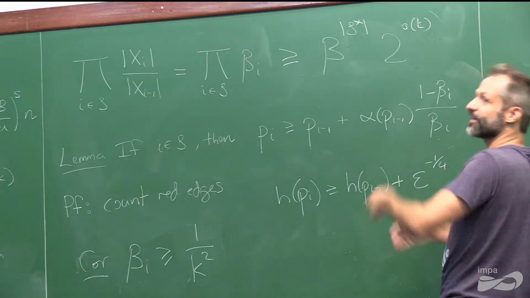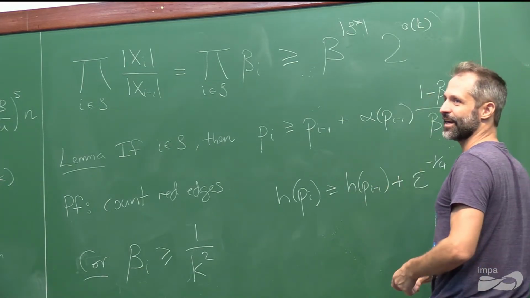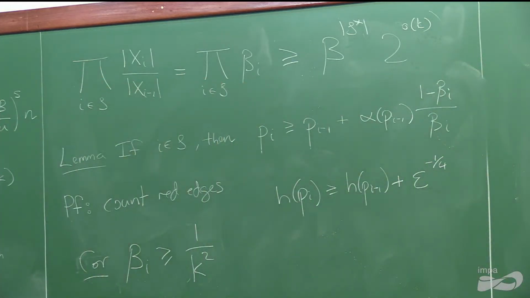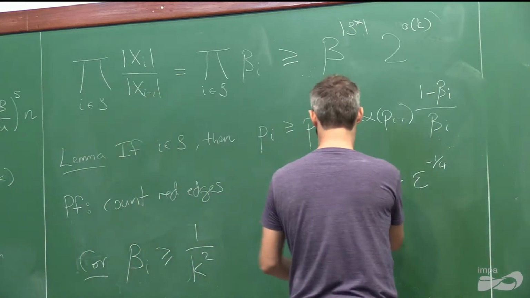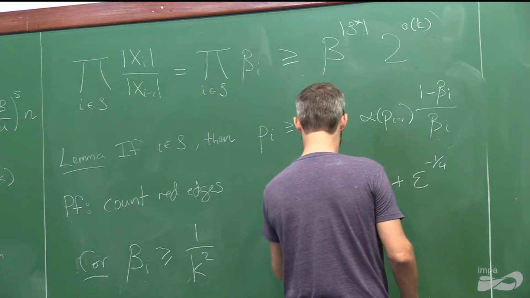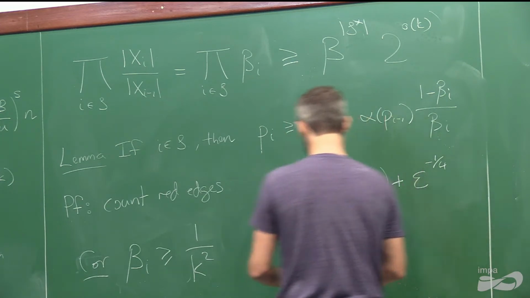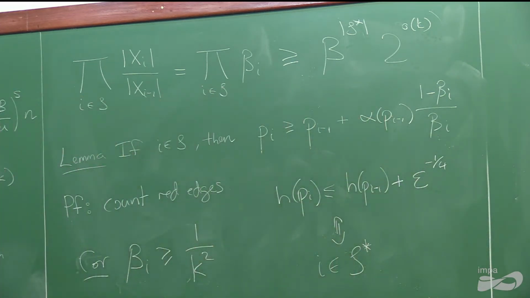If it goes up by some power of k, then it's immoderate. So some very large amount. And so the number of them is like epsilon to the quarter times k, which is very small. So if i is in S, then these are the guys in S star. Okay.